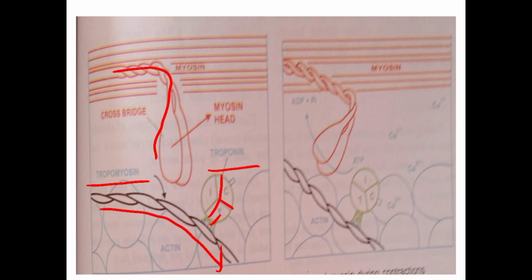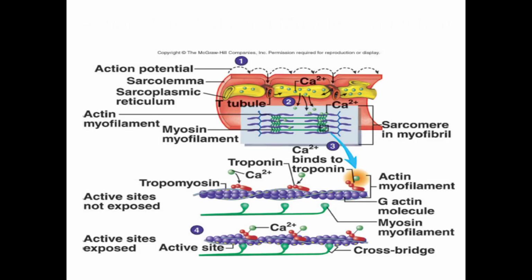Whenever the calcium is released from the sarcoplasmic reticulum, that calcium goes and binds to this. So this part is exposed and the myosin head will be attached by using the ATP molecule.